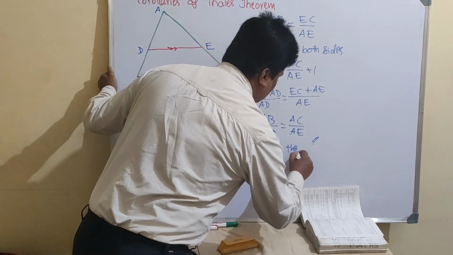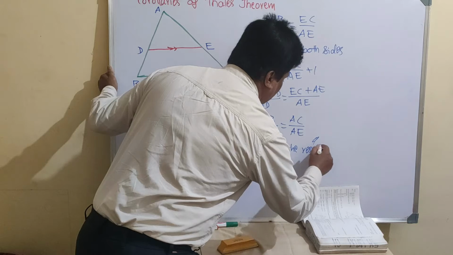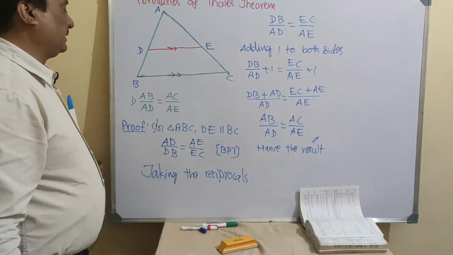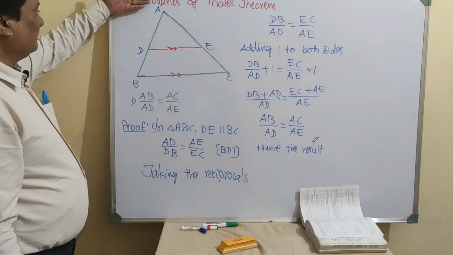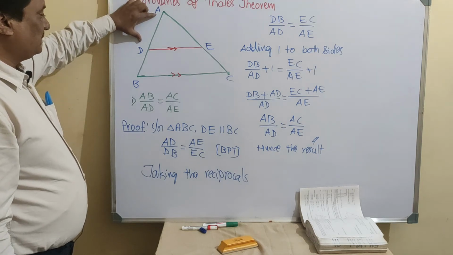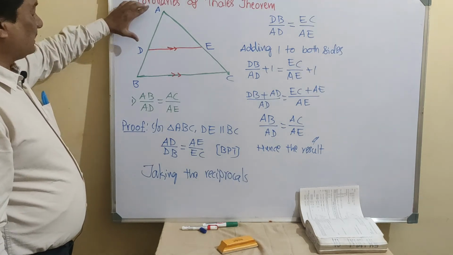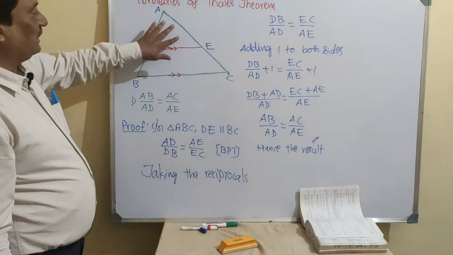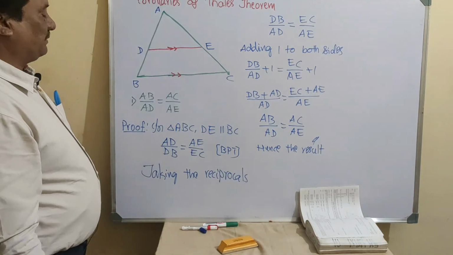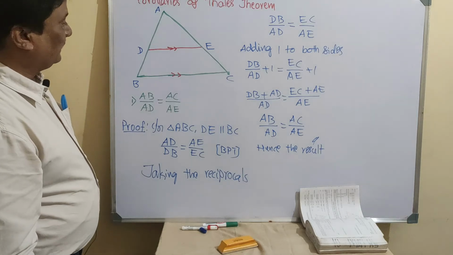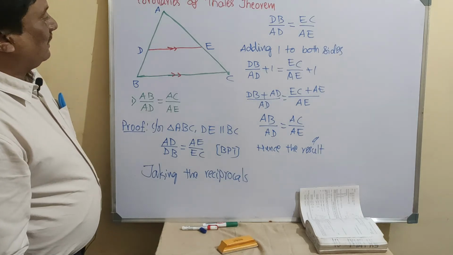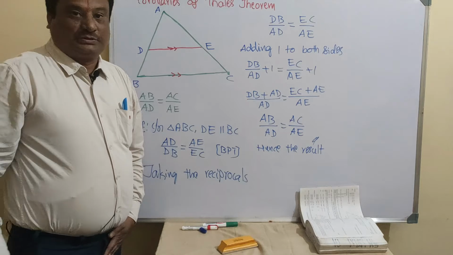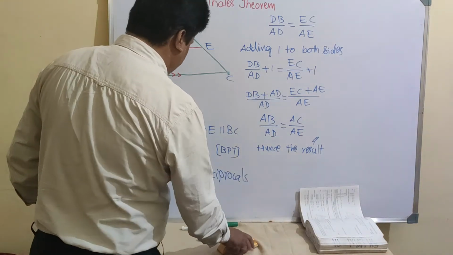Hence the result. This is the first corollary: the ratio of the complete part with the upper part is equal to the ratio of the complete part with the upper part.